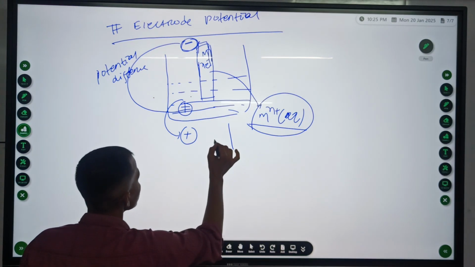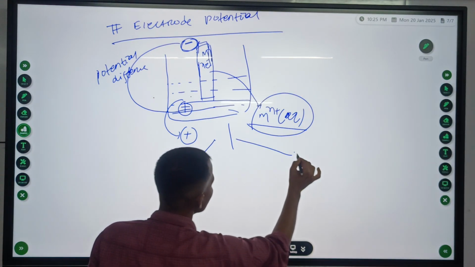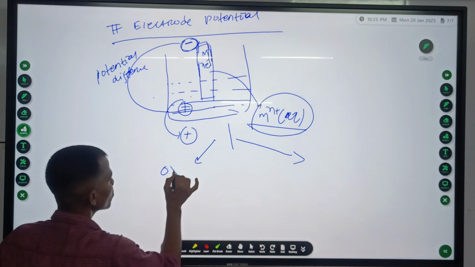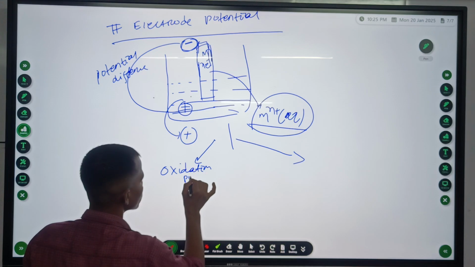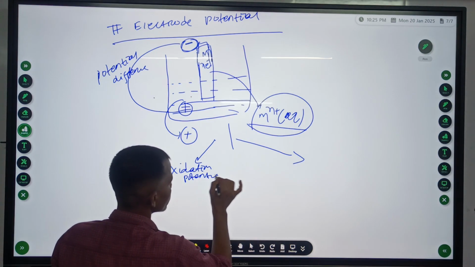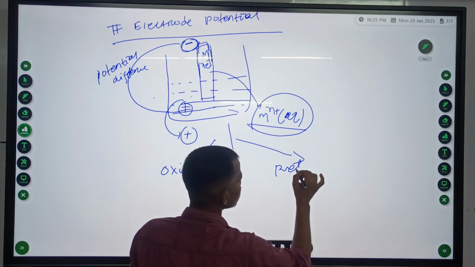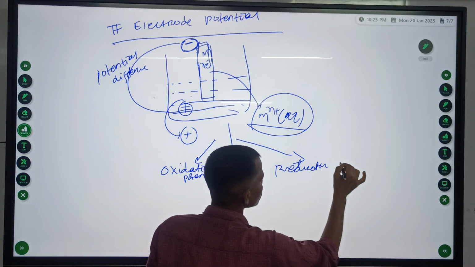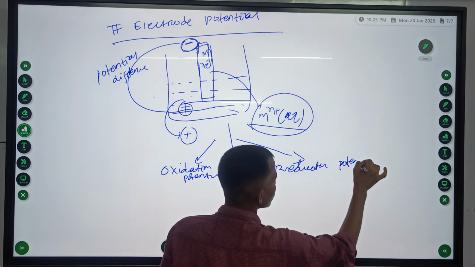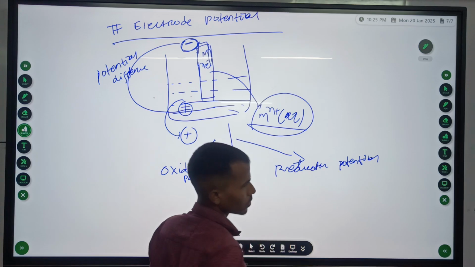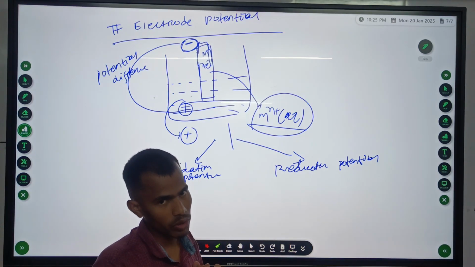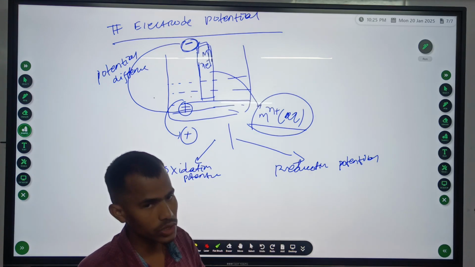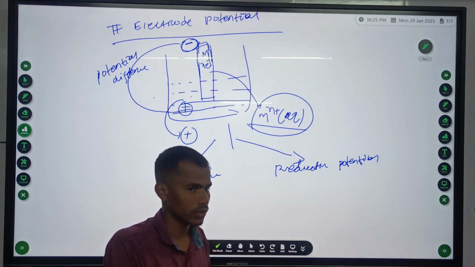Then this electrode potential is further divided into oxidation potential and reduction potential. The oxidation potential gives information about the tendency of a metal to oxidize.